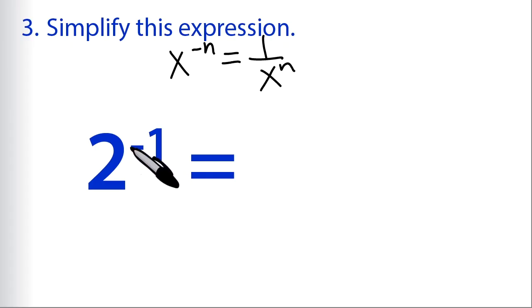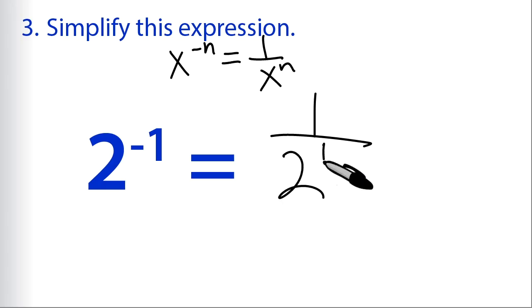So this negative 1 will become a positive 1, but it'll be 1 over 2 to the positive 1, and as we learned before, any number raised to the first power is just that same number. So 1 over 2 to the power of 1 equals 1 over 2.